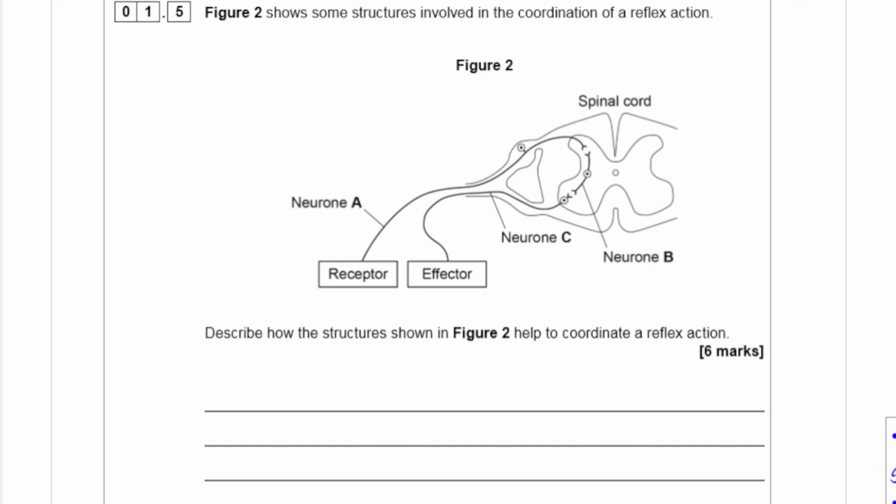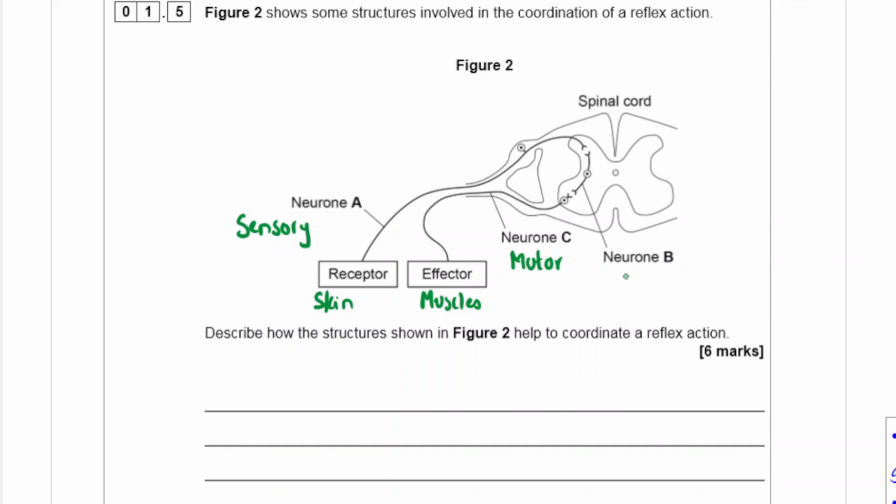So the receptor is basically, let's say, skin, and you're touching a hot object surface, and the effector is going to be your muscles, basically your biceps. Neuron A is your sensory neuron. Neuron C is your motor neuron.